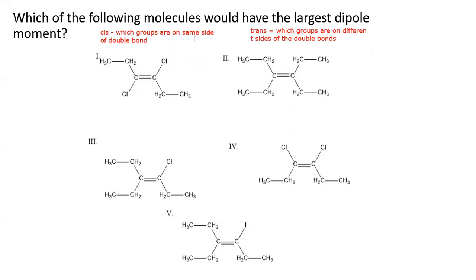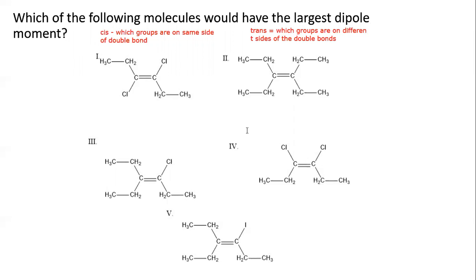And so we want to know which of the following molecules would have the largest dipole moment. The first thing we can do is go through and identify if there are any nonpolar molecules present, because remember, nonpolar molecules will have a 0 dipole moment.